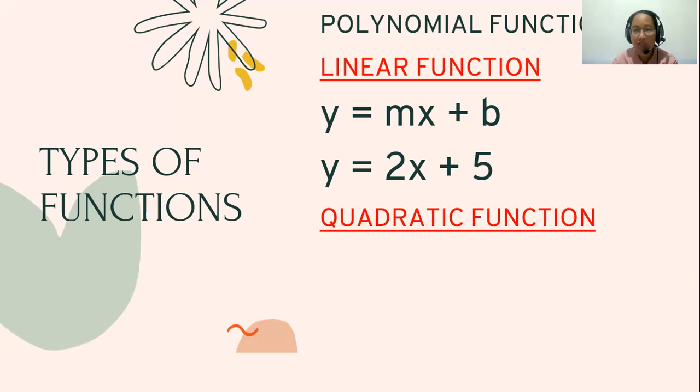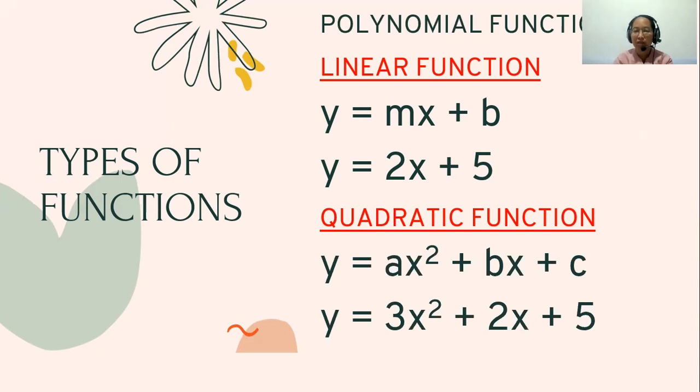Generally, a quadratic function is given in the form of y equals ax squared plus bx plus c. As you can see, the highest exponent here is 2. As an example, we have y equals 3x squared plus 2x plus 5, or another way of writing this is f of x equals 3x squared plus 2x plus 5.